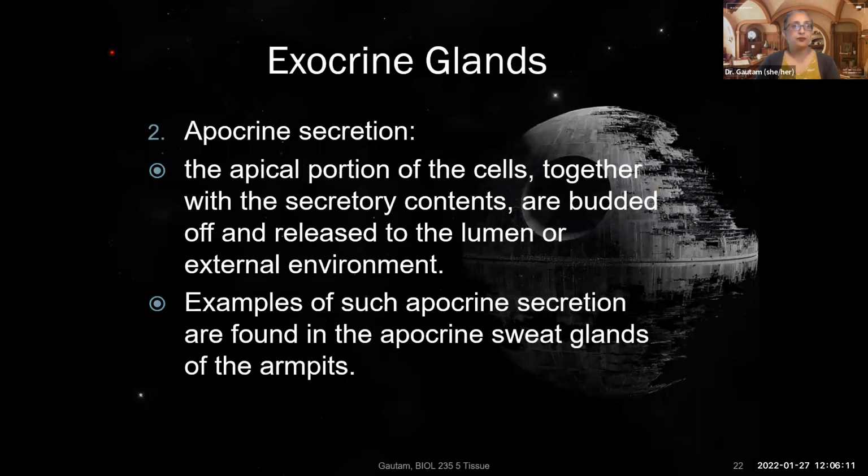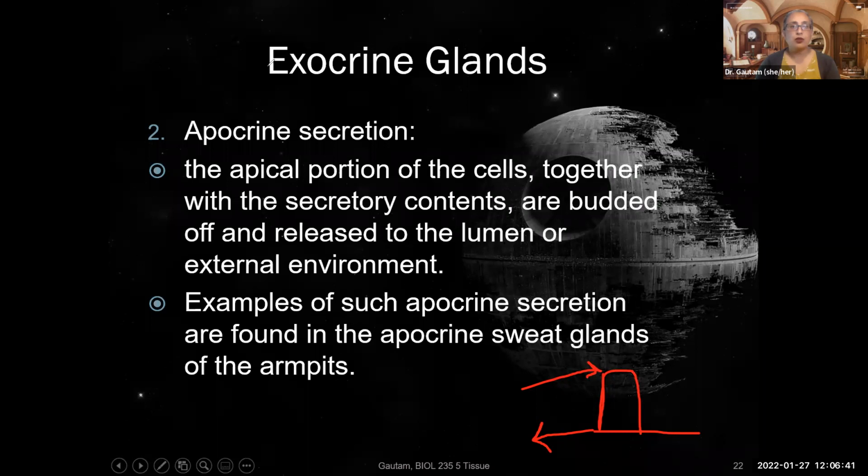Remember, our epithelial cells have a free end that's called the apical surface, and then the basal surface. So if I say this is called apocrine, you know it has to do with this free end that's facing the lumen.